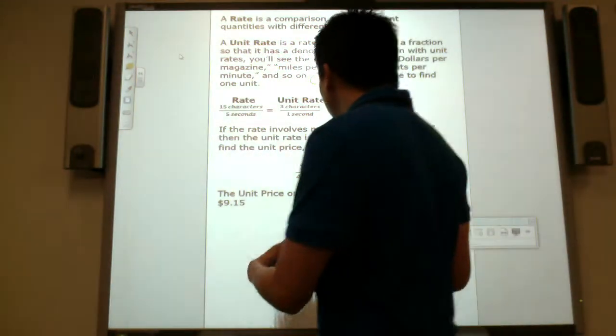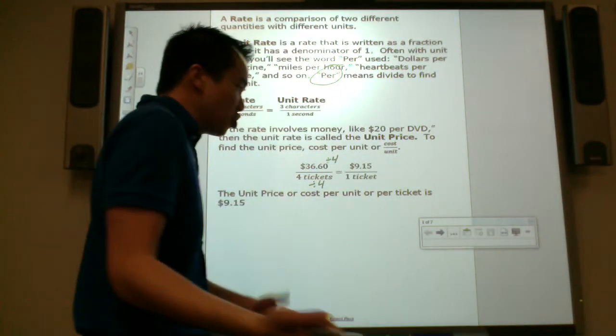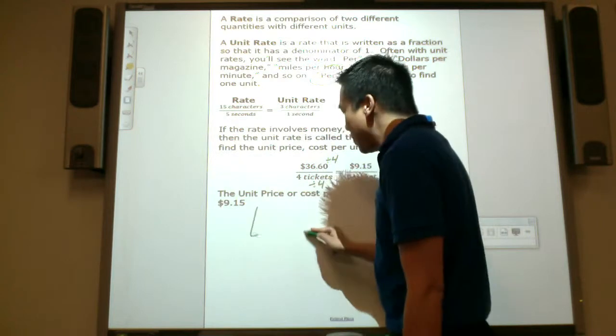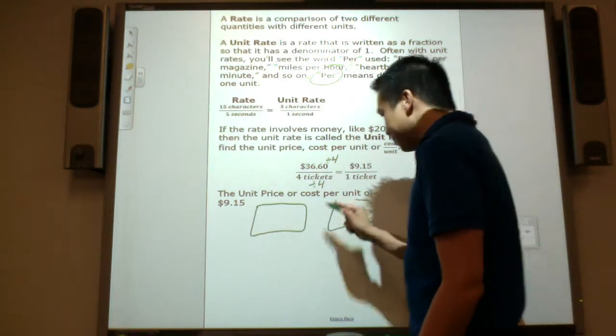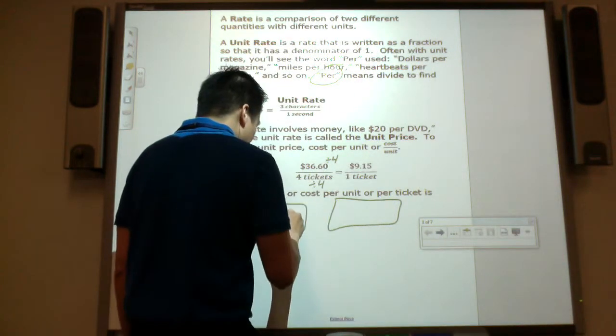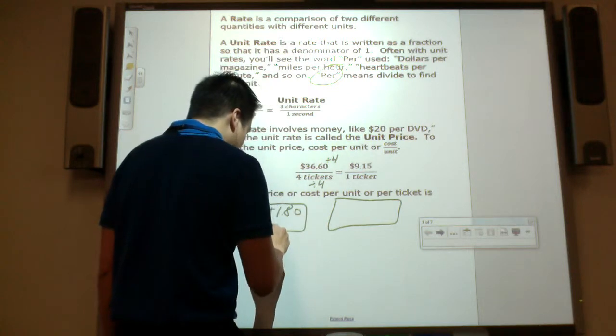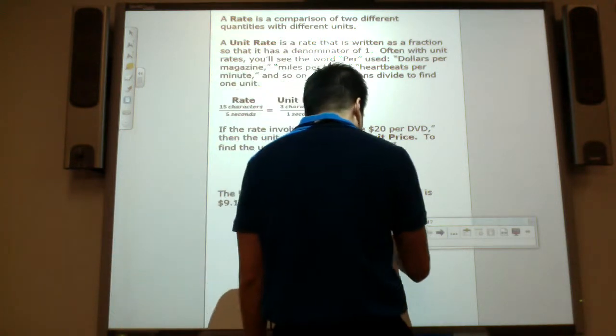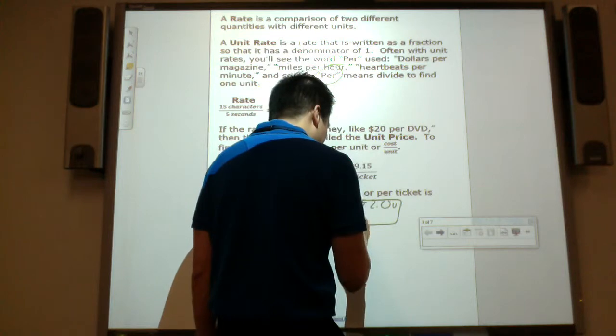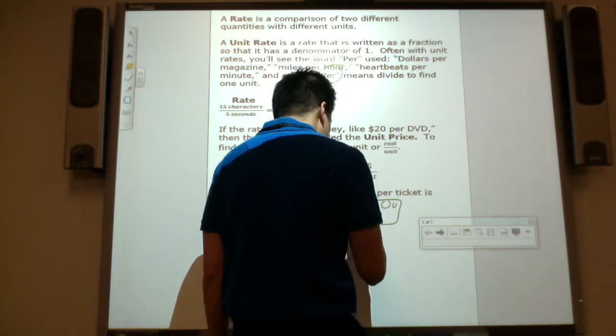Where else do you see unit price? When you go grocery shopping, I challenge you to go to a grocery store. What happens if you see a sign like this? $1.80 for 4 ounces, or $2 for 5 ounces. Which one is a better buy?